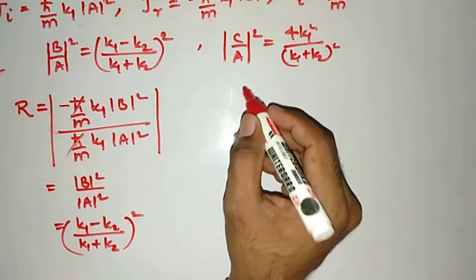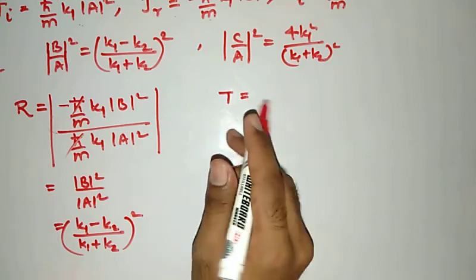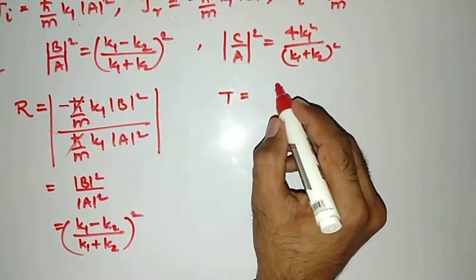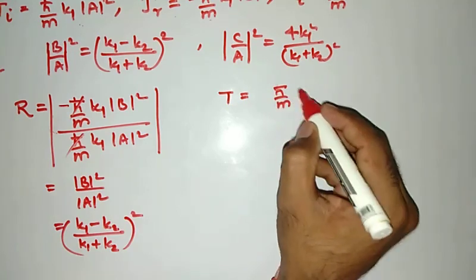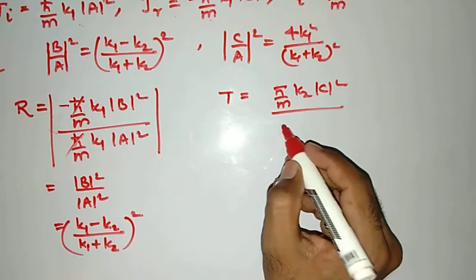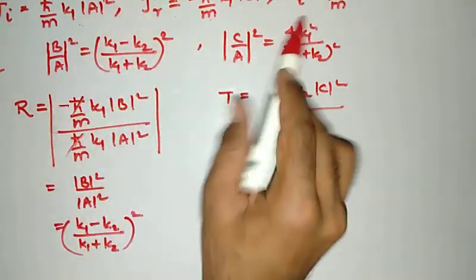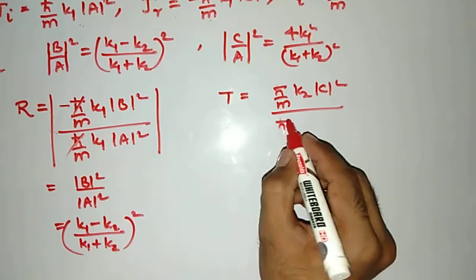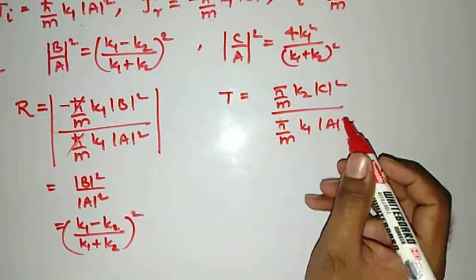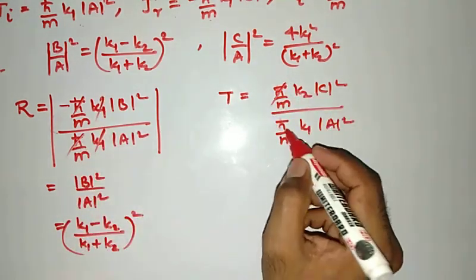And now for T, the transmission coefficient, JT by JI. For JT by JI, we have ħ by m k2 mod c square by ħ by m k1 mod a square. Again the common factors cancel out.